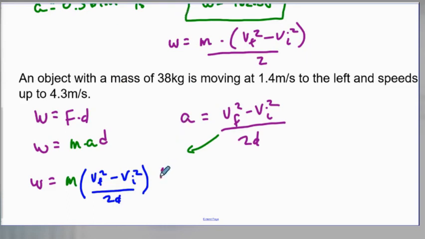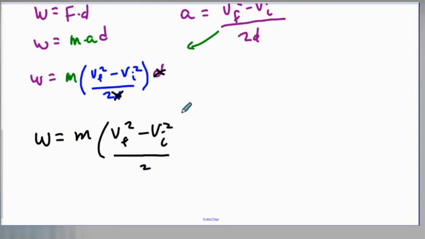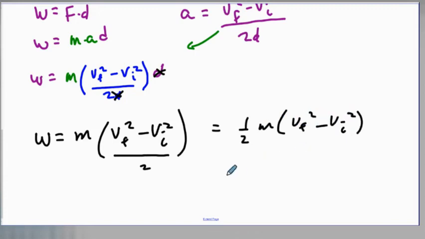And then it's multiplied by d from my original equation. Once again, I have a d here and a d here that can cancel out. So what I'm left with is work is mass times Vf squared minus Vi squared divided by 2. Or you might even see it written as 1/2 m times Vf squared minus Vi squared.